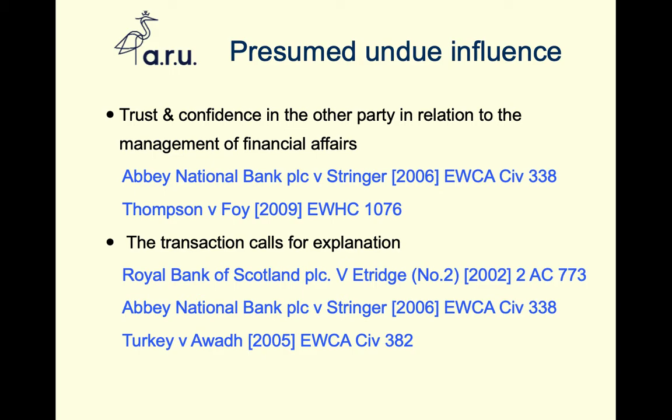So we can see trust and confidence in ascendancy naturally in certain relationships, like teacher-student, like parent-child. But in Stringer, it was actually reversed. Here we had an elderly mother who had potentially been taken advantage of by her grown-up child, because she could show that she had put trust and confidence in her son, because she had little English.